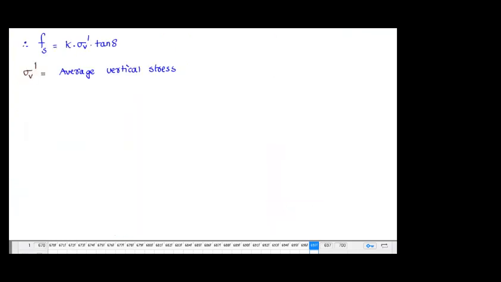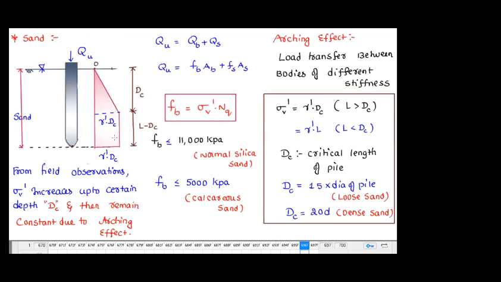So now sigma V dash is equal to, up to DC, 0 plus gamma dash into DC by 2, into DC, plus, see here, what is the average over here? The average here is gamma dash into DC only. Why, sir?